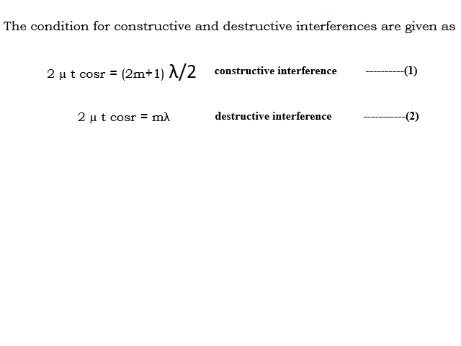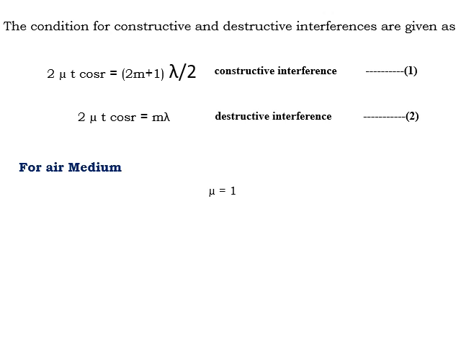In this case, mu is the refractive index of the medium, t is the thickness of the film, r is the angle of reflection, as we are talking about Newton's rings in reflected light, lambda is the wavelength of the light, and m is the fringe number. So these are the conditions for constructive and destructive interference.